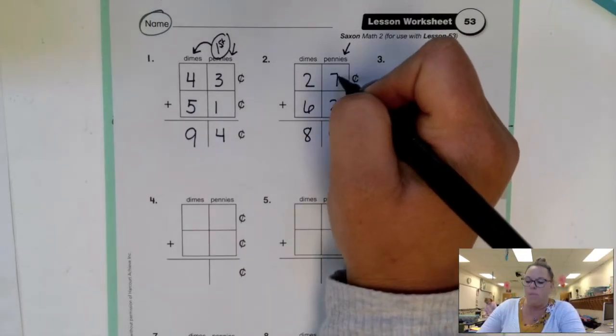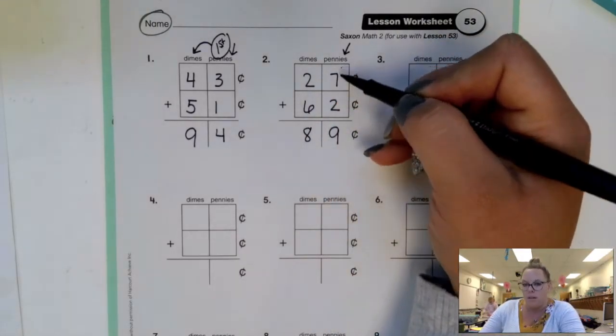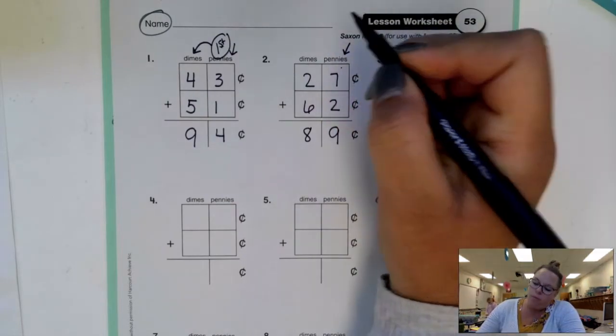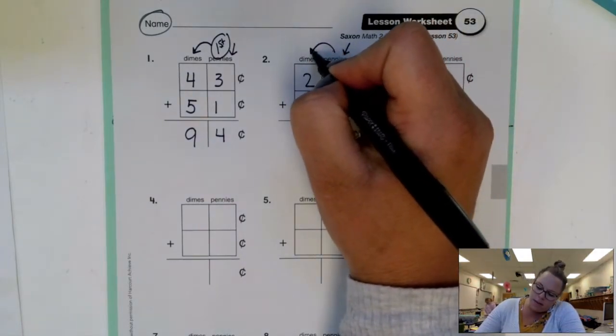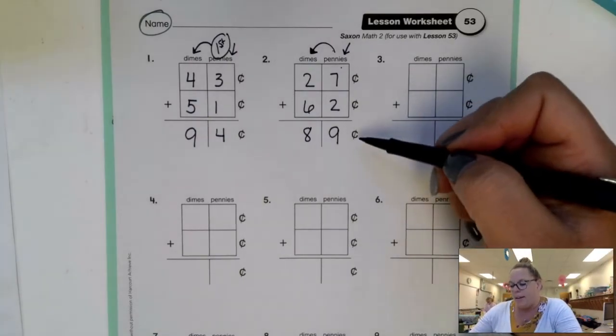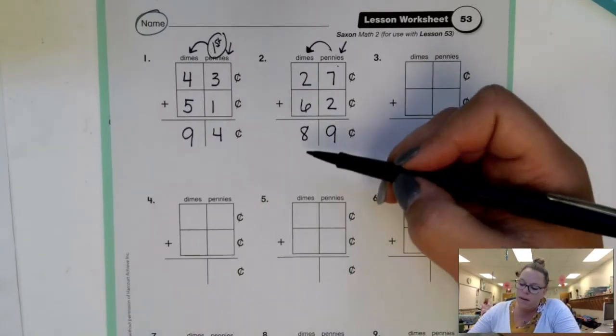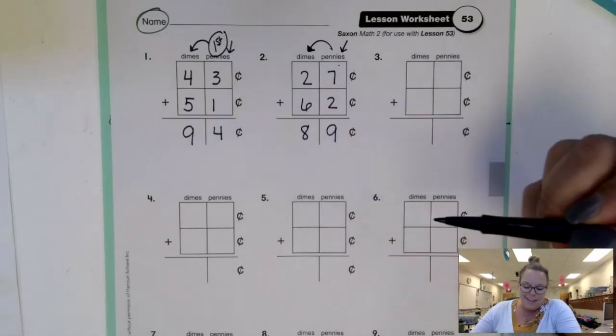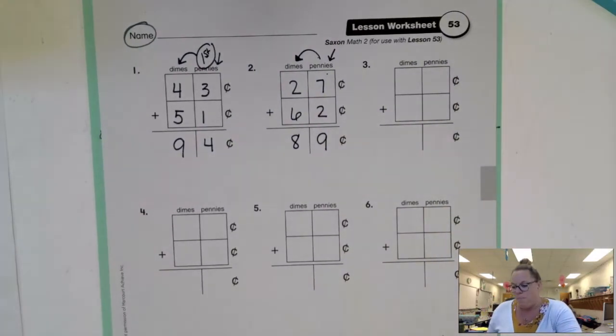Right, we started with our pennies and we added down. We started at the top and we added down. After we found our answer, we moved to the dimes. 2 plus 6, and that gave us 8. So we had 9 pennies altogether and 8 dimes. That's 89 cents.